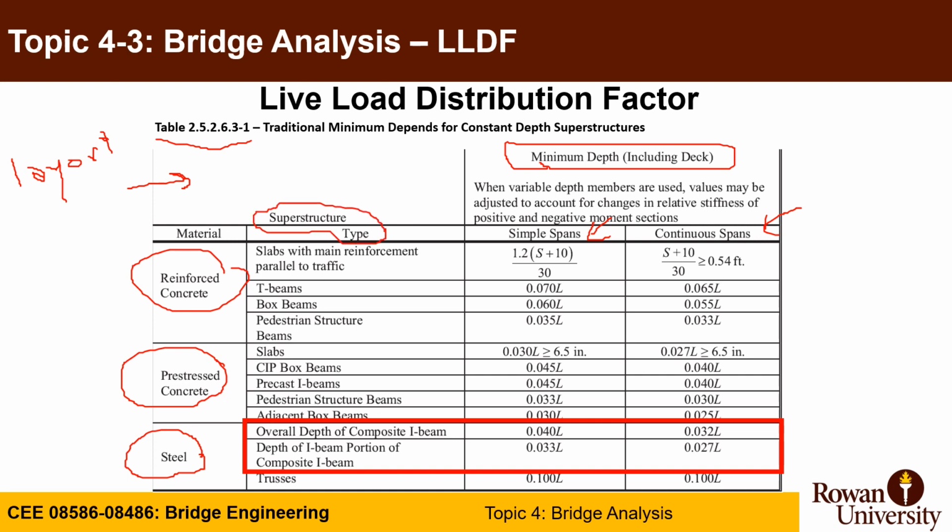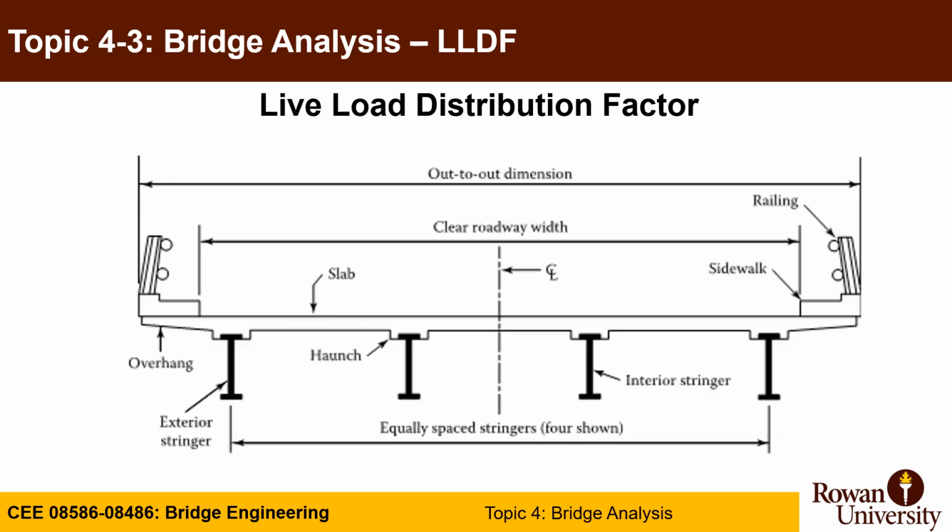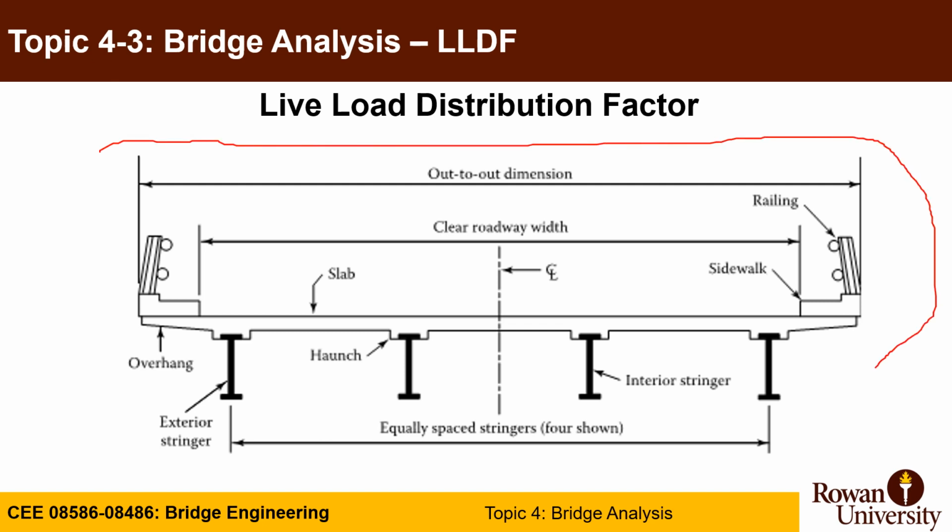And this is just a refreshment for that. So for example, have a steel girder. As you can see here, we have limitations, or actually a minimum requirement for depth, that you can get from the previous table. So in doing so, you can result in a cross section that looks like that section.